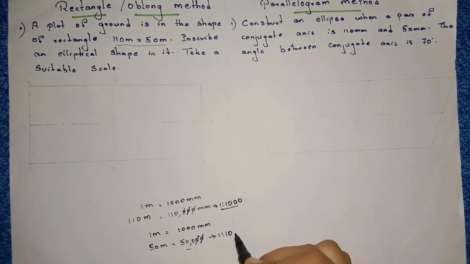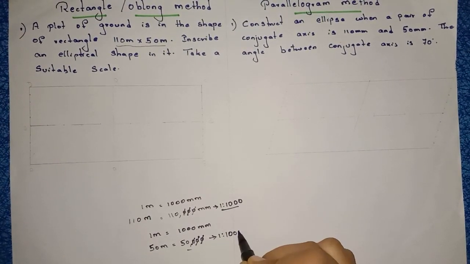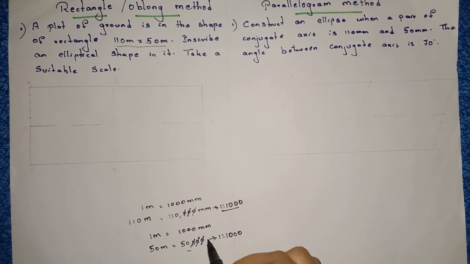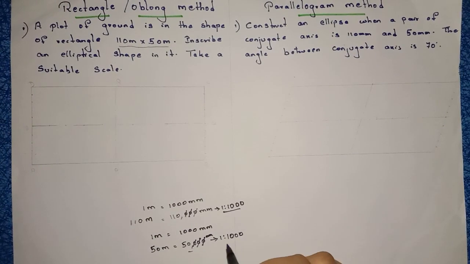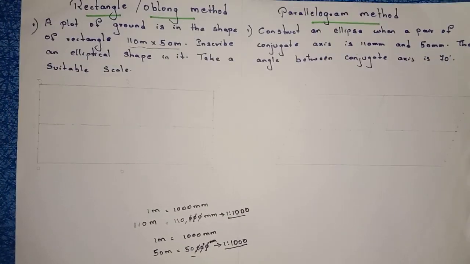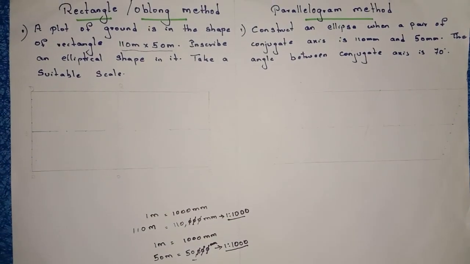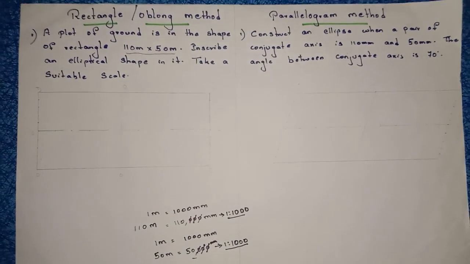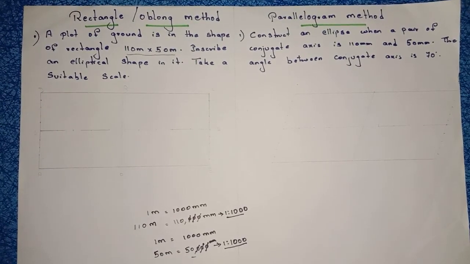No. Cancel one 0. Can you draw 500 mm? No. Cancel one 0. Can you draw 50 mm? Yes, 5 centimeters. Now the scale is 1:1000. Whatever the dimensions are, you have to convert them into millimeters.